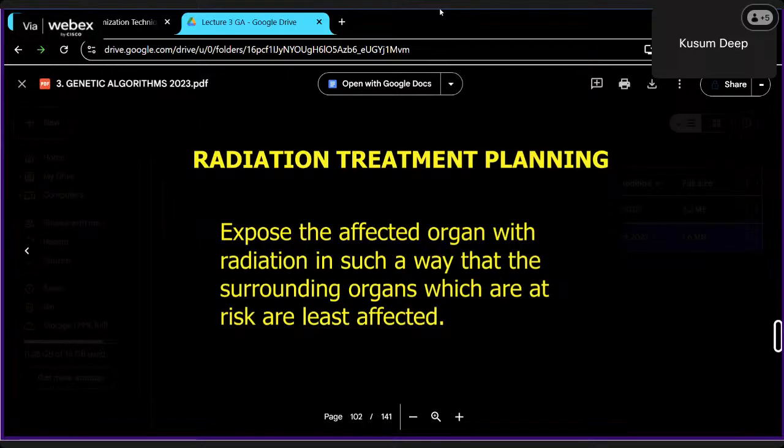A word of caution: if the affected organ is to be exposed to radiation, then the surrounding ones should not be exposed, because radiation is harmful. So the surrounding organs should not be affected, whereas the affected organ should be subjected to the radiation shots.